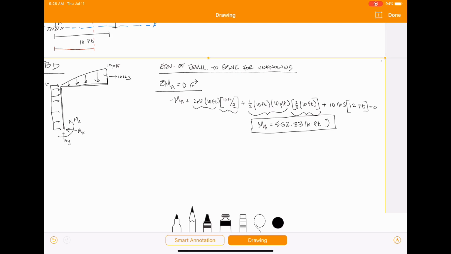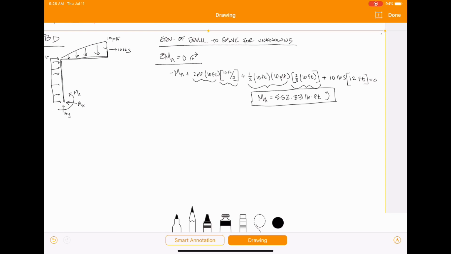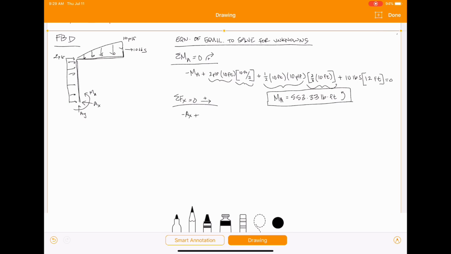Great. Now we can move on to our sum of forces. So I'll start with sum of forces X equals 0. I'm going to choose to the right being positive. We can go ahead and start that equation. Again, I'm going to start at the bottom, move up, and then to the right. So we've got a negative AX plus our uniform distributed load, 2 PLF times 10 feet.